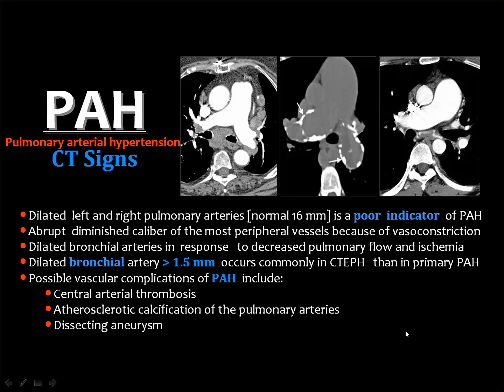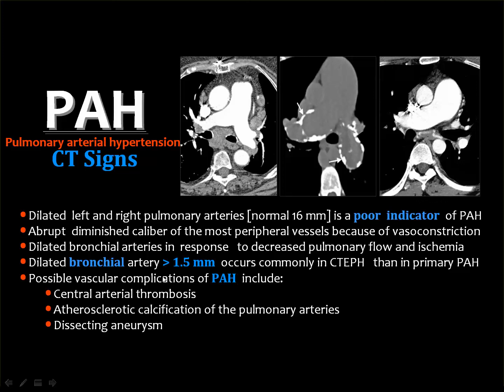Then, in the literature, they said that if the major branches of the pulmonary artery are also dilated, which is usually present, this is not a good indicator for pulmonary arterial hypertension. It is the main trunk which is important for measurements.